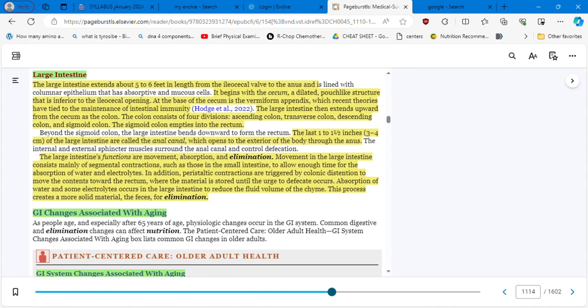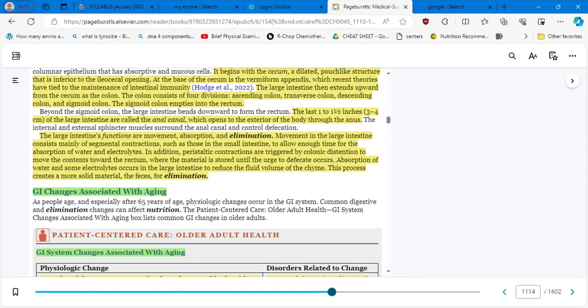The colon consists of 4 divisions: ascending, transverse, descending, and sigmoid colon. Easy. The sigmoid colon empties into the rectum. The last 1 to 1.5 inches of the large intestine are called the anal canal, which opens to the exterior of the body through the anus.